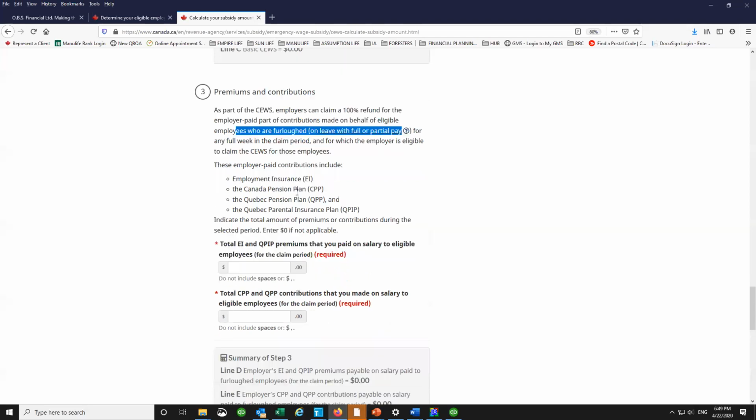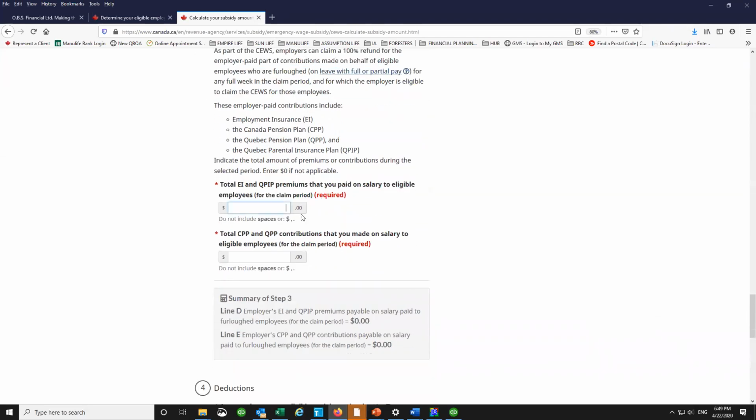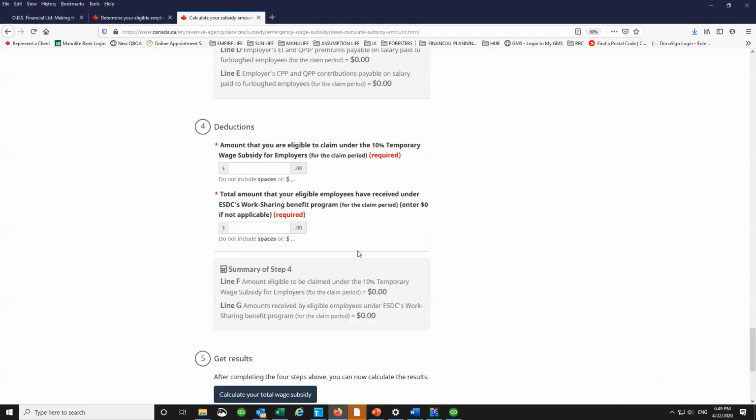As with this calculator, if we're not claiming anything, we have to put zeros in on everything. I'll talk about that now. And then when we get into deductions, these deductions would be for any claims that were made under the 10% wage subsidy for employers. That was the one that was released in March, and you're not allowed to double bank.